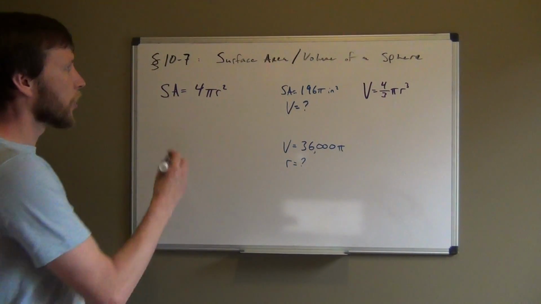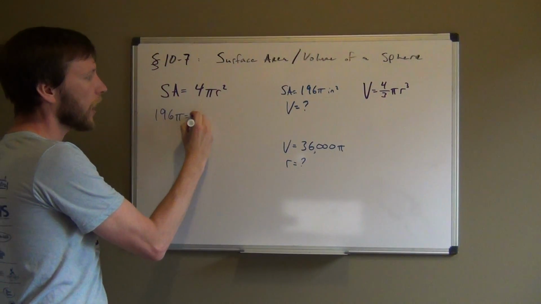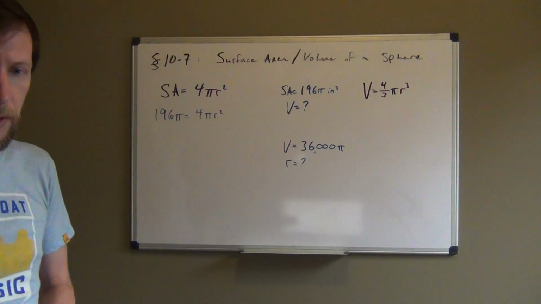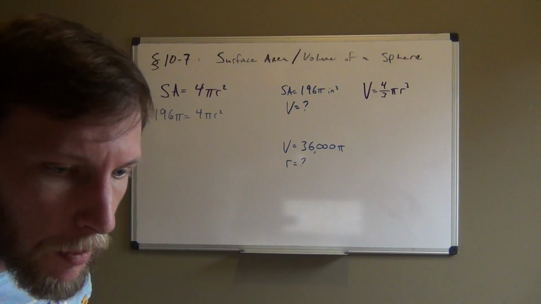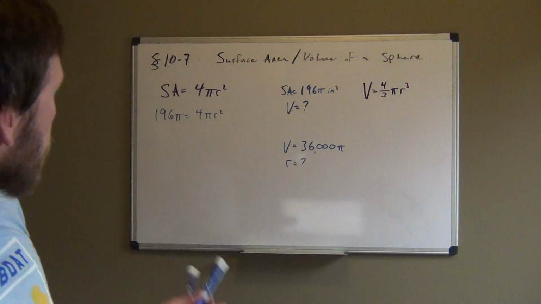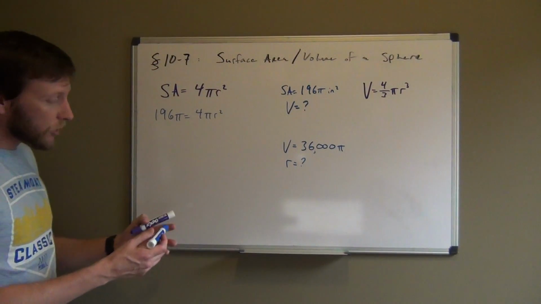What if we knew that the surface area of the sphere was 196 pi? How in the world would we solve that equation? Well, essentially, what we would need to do is make sure that we worked our way backwards to find out what our radius is. And so there's a couple steps that we can take.